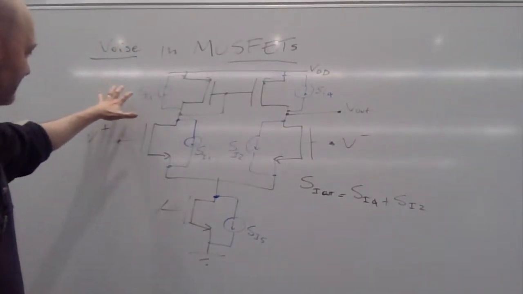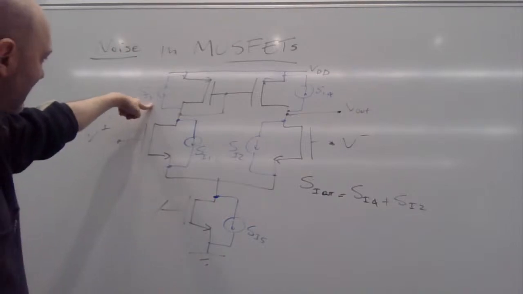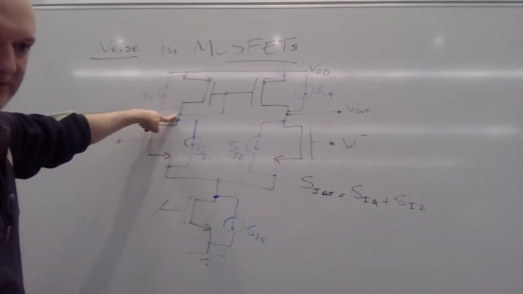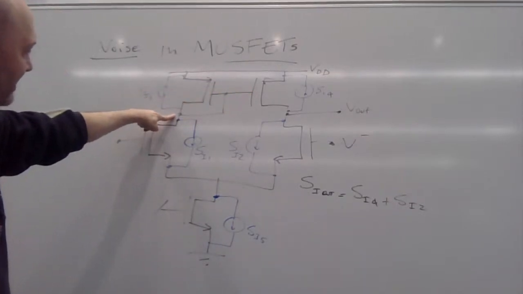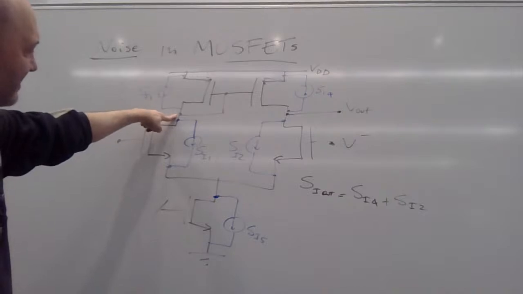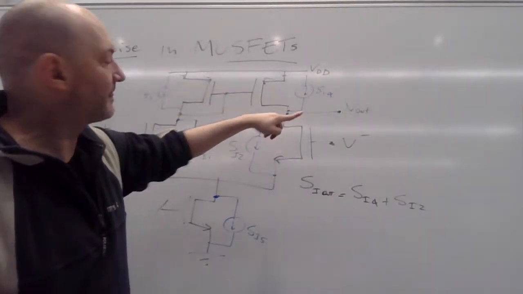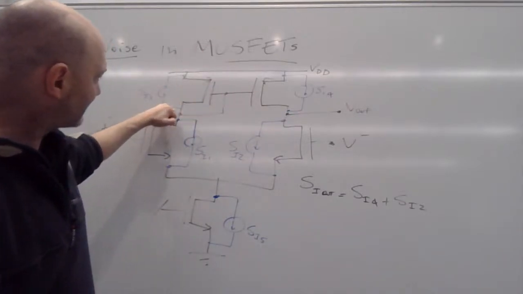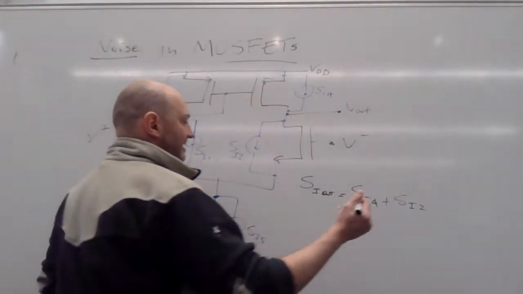Let me see what happens on this side. Here we have SI3, which is connected to this node of the current mirror, of these two MOSFETs. If I have a current here, this current will be mirrored, and we end up right on the output, because we have a current mirror. So again, we add SI3.